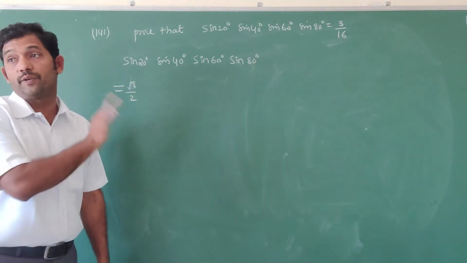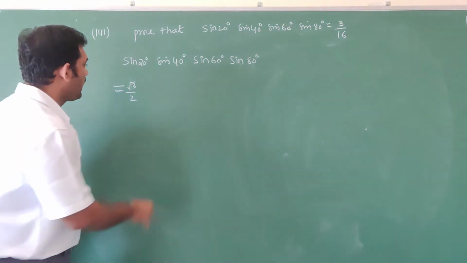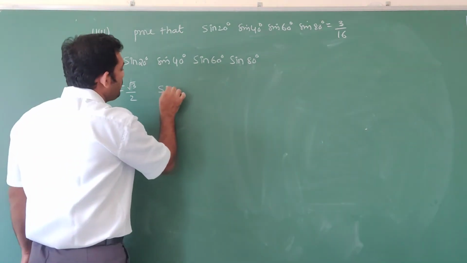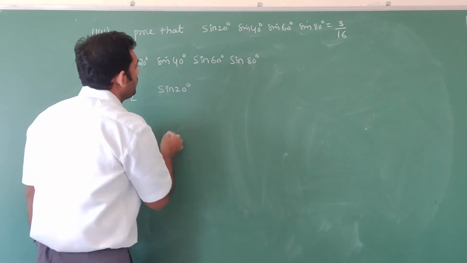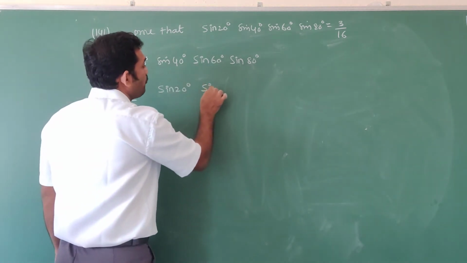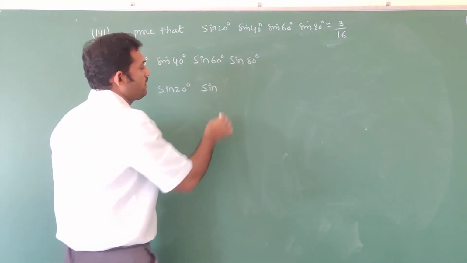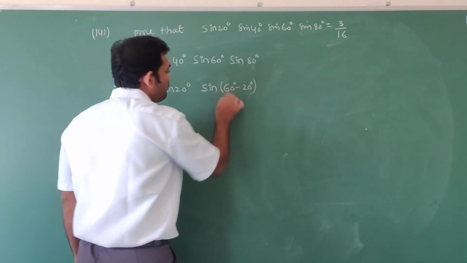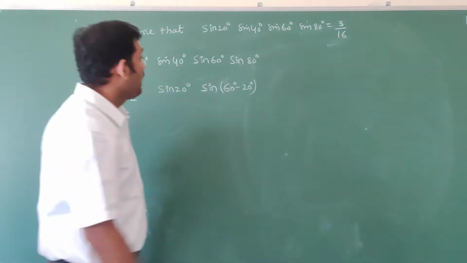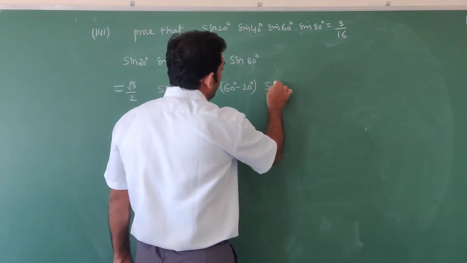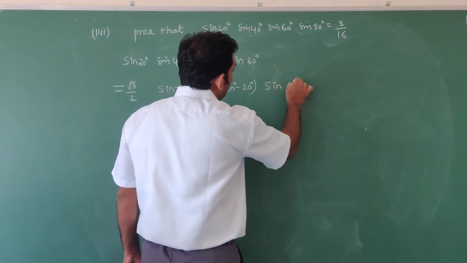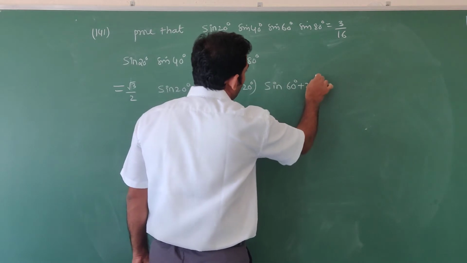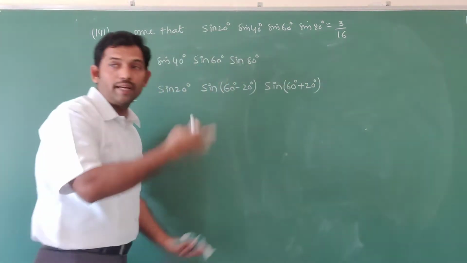You write that first. After that, sin 40 degrees can be written as sin(60 degrees minus 20 degrees), and sin 80 degrees can be written as sin(60 degrees plus 20 degrees). Now compare with your formula.